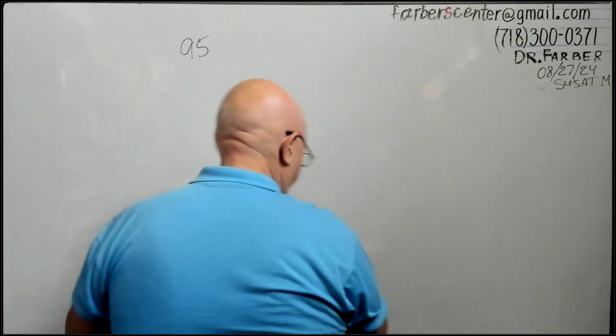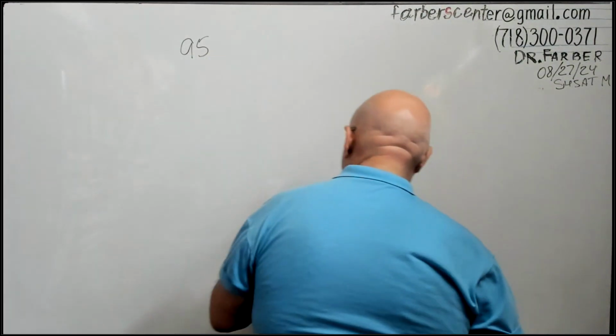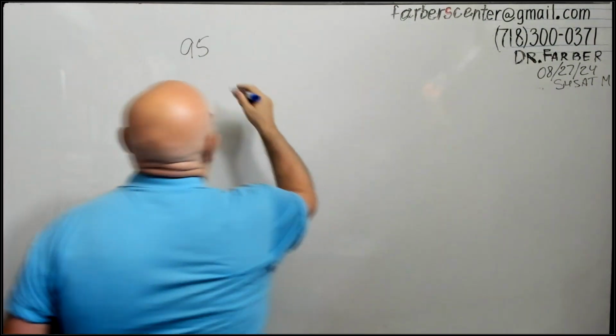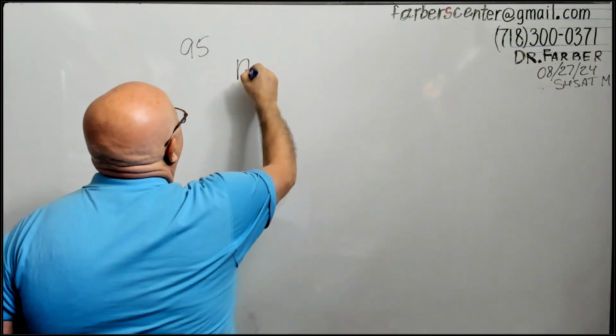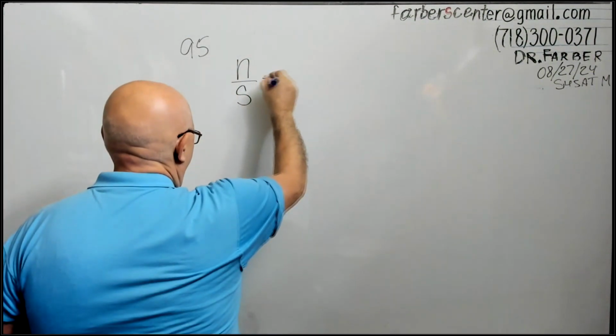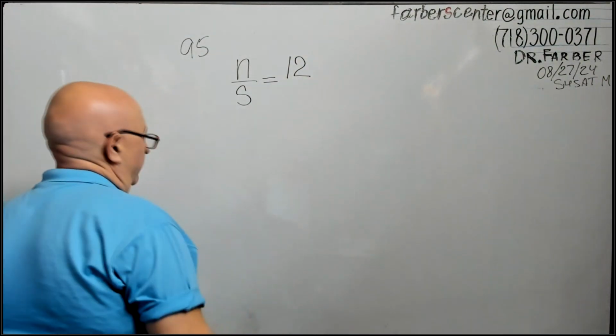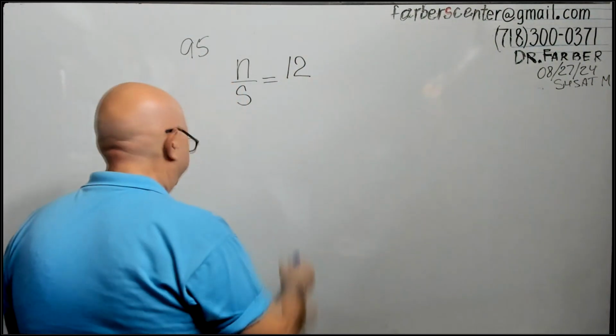So what do they say? When n divided by s, this is 12. Or instead of 12, you can write a rational number 12 over 1.